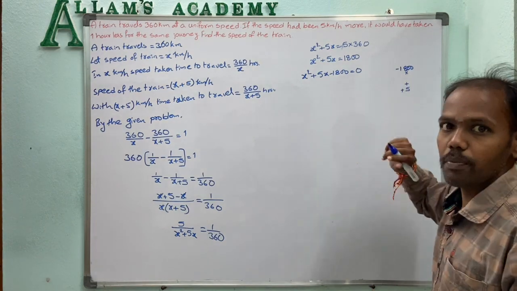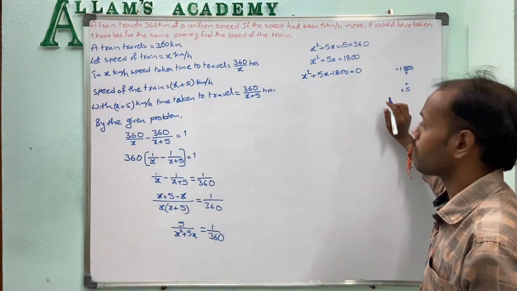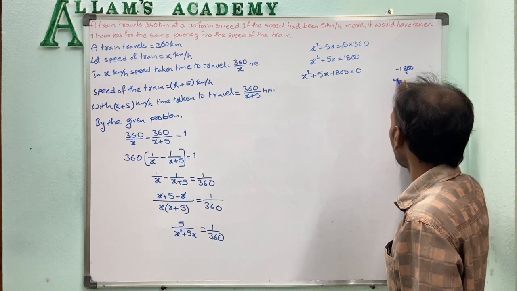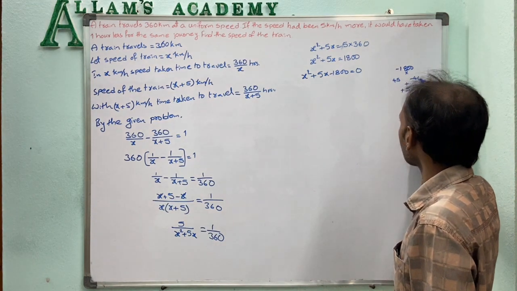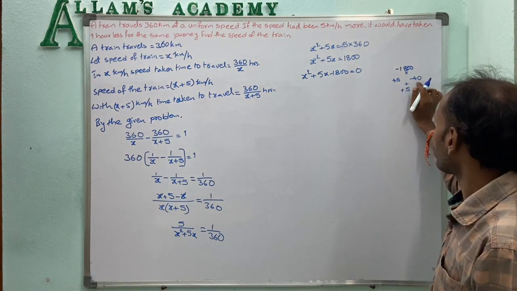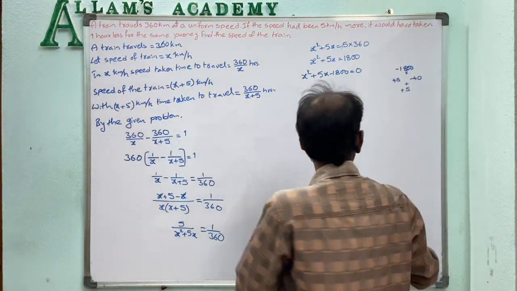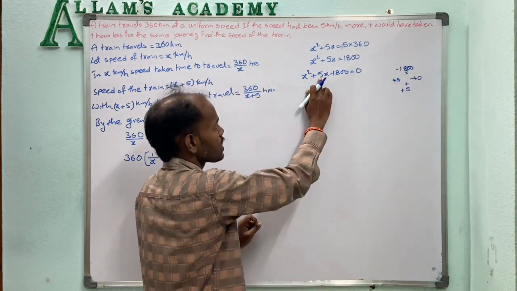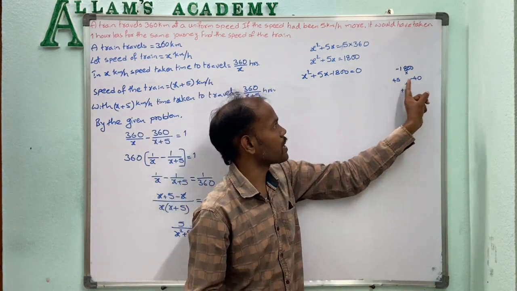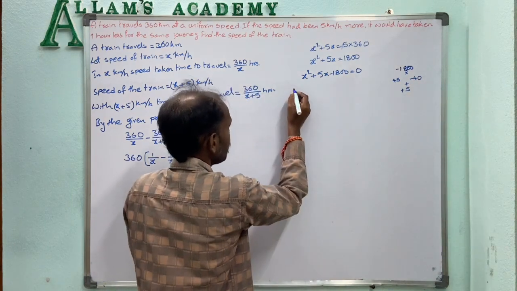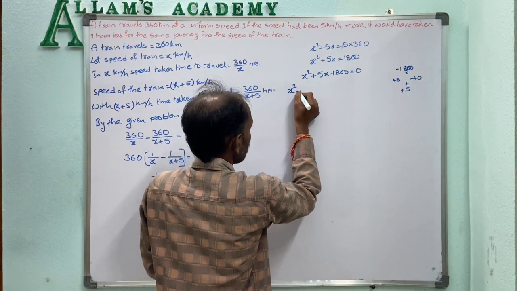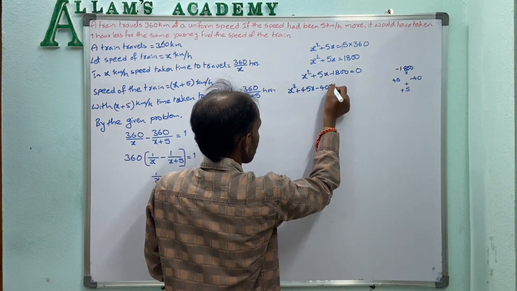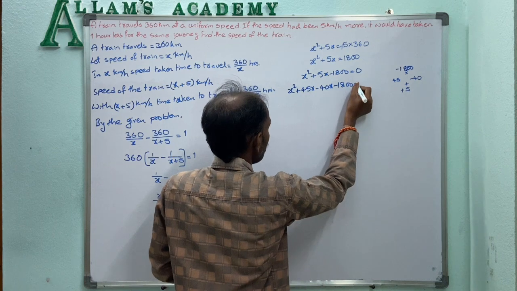Which two numbers have product minus 1800 and addition plus 5? They are 45 and minus 40. So 45 into minus 40 is minus 1800, and 45 minus 40 is equal to plus 5. Now in the place of plus 5x, we write plus 45x minus 40x. So x square plus 45x minus 40x minus 1800 equal to 0.